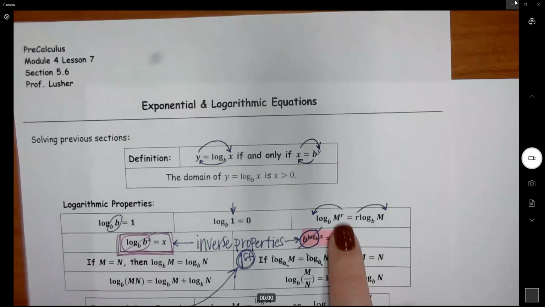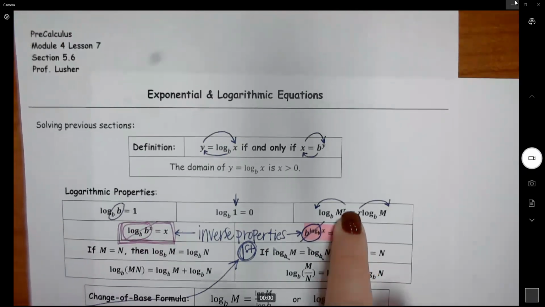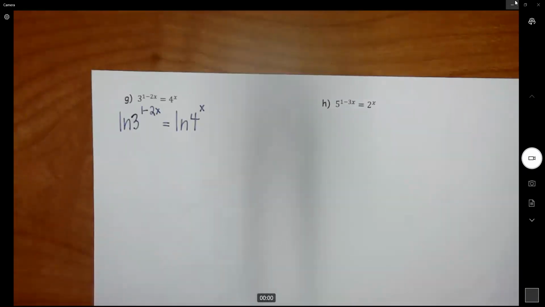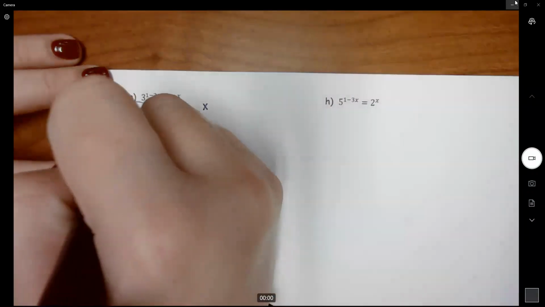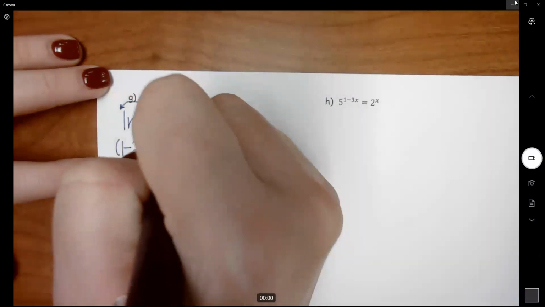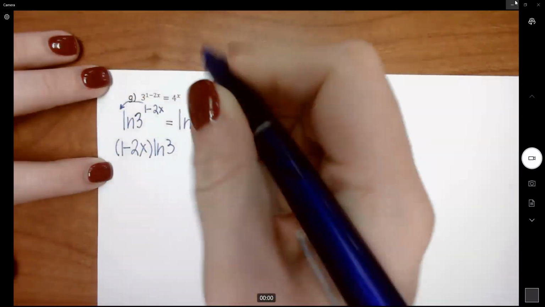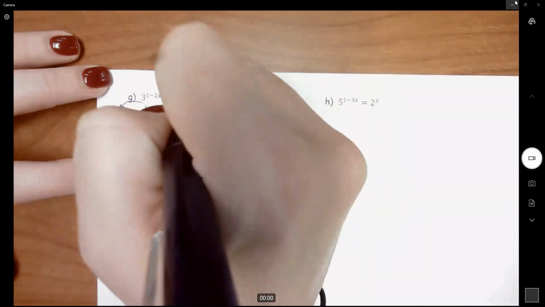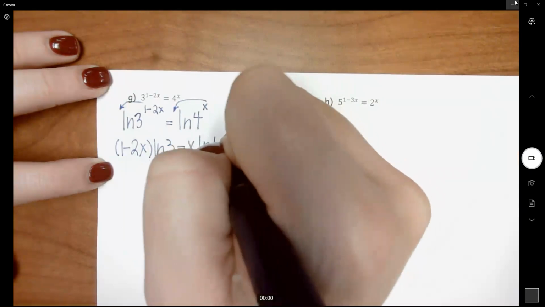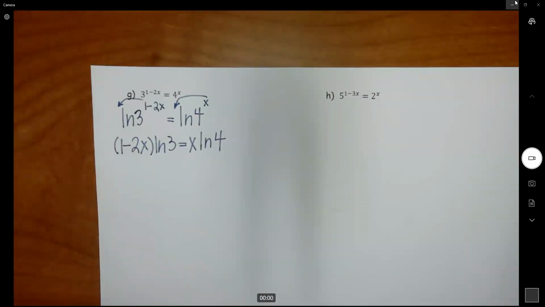So now I'm going to use this property here, and whatever is my exponent, I can move it in front and it becomes my factor. So I'm going to move this out front, and this becomes 1 minus 2x times natural log 3, equals, move this x out front, we have x natural log 4.